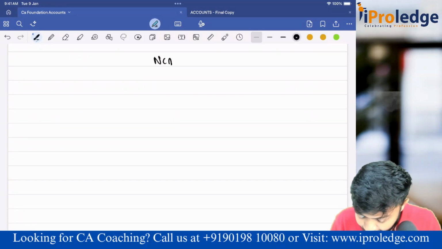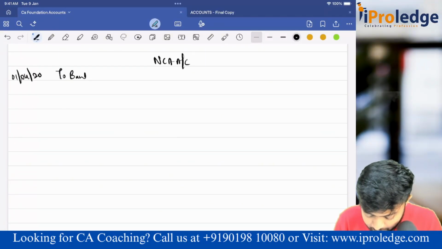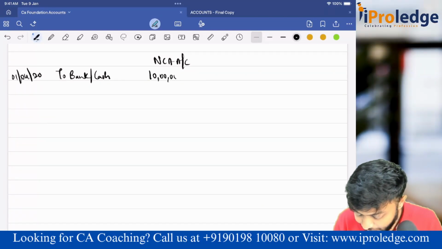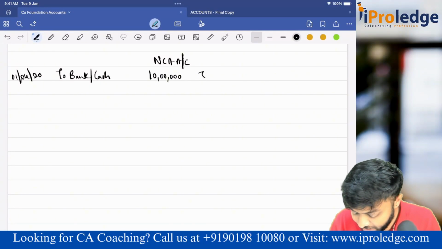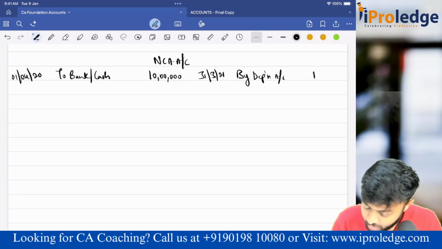First we'll be having non-current asset account. When you purchase it, the entry is to bank or cash. I bought it for 10 lakh first year. Then first year depreciation, by depreciation account, it was 1 lakh.